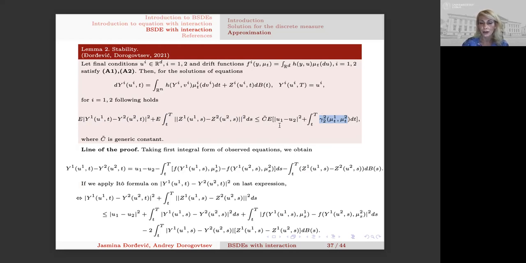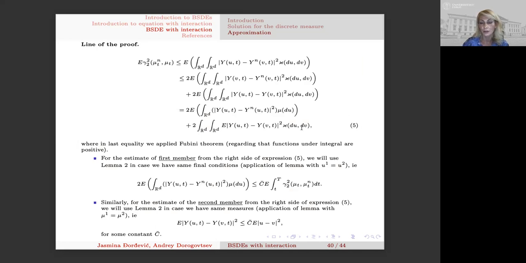As Andrei also explained, we have here dependence of the distances at some moment before capital T. So we have to estimate this distance in terms of the distance of the final measures at the final moment capital T. By definition, we have this inequality, and using elementary inequalities, we are left with the expression given in equation 5, where now we have to estimate these two members separately.